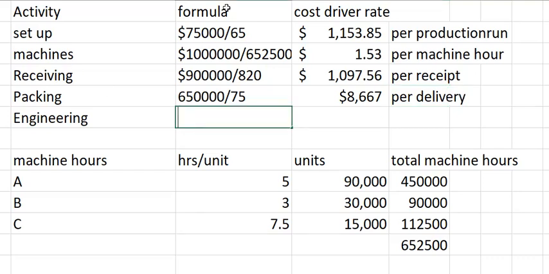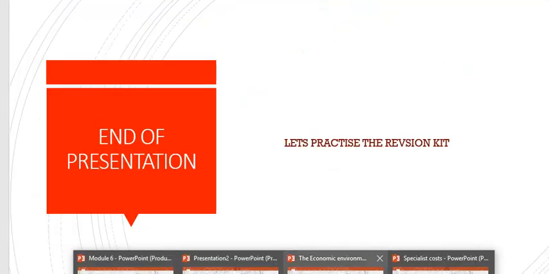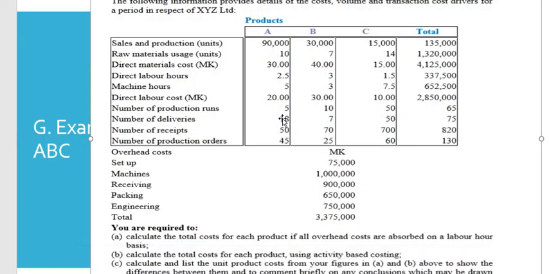Engineering is the last overhead to look at. Engineering, we have 750,000. Engineering, we are going to use for number of production orders, which are 130. So it will be 750 divided by 130.